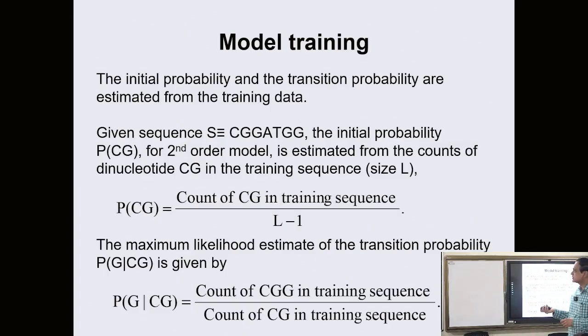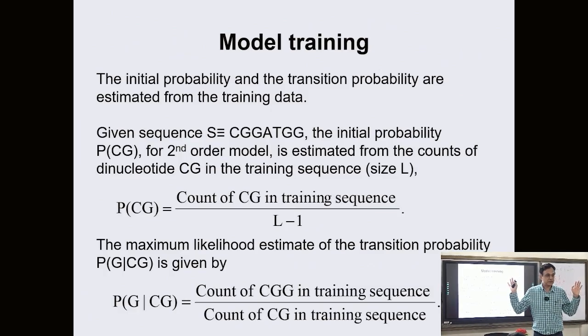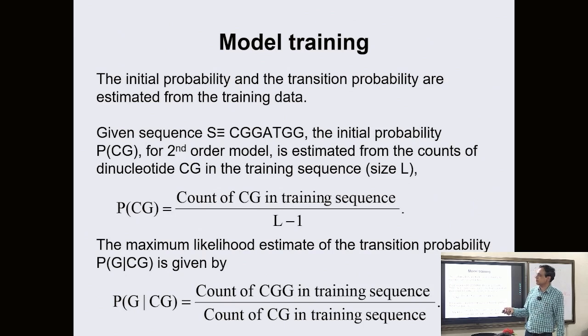So how do we estimate the values of the parameters given training data? Let's consider a simple example. Let's consider the same sequence, and say this is a training sequence. I want to estimate the initial or marginal probability of the dinucleotide CG from this training data.